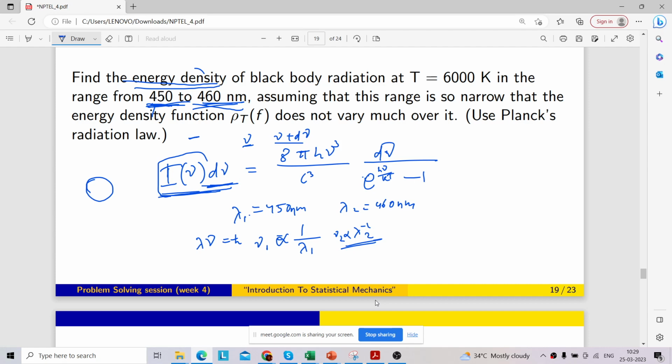Can anyone calculate and tell me what is nu 1 and nu 2? Sorry, this is not h cross, this is c, speed of light.